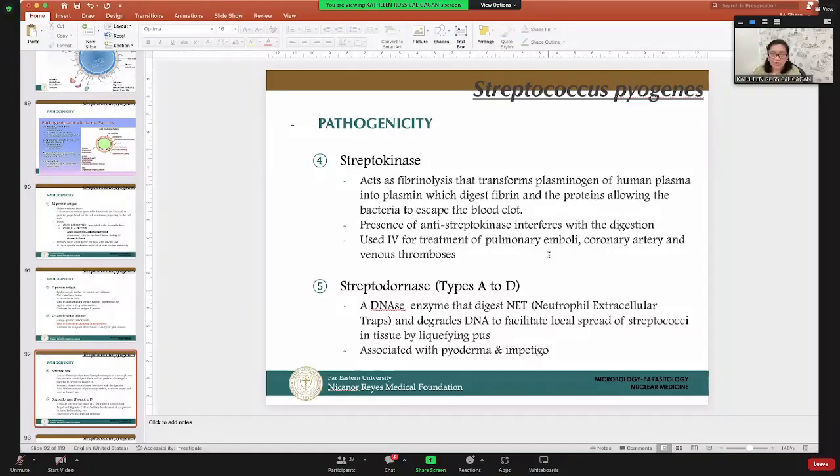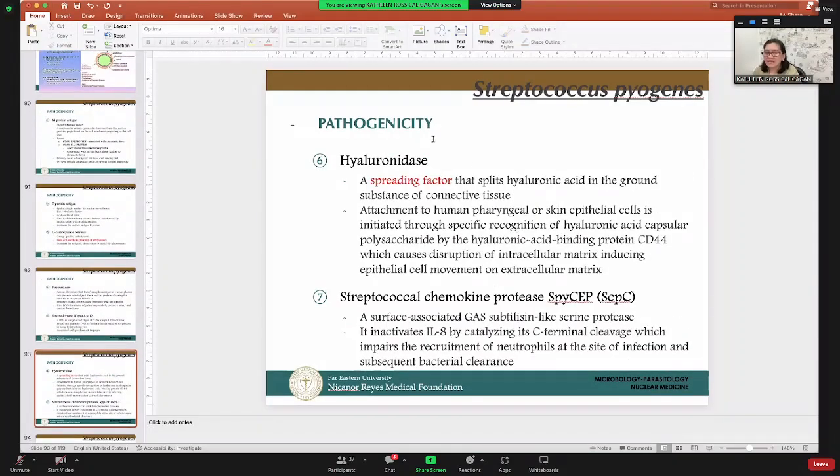Streptodornase type A to D is a DNase enzyme that digests neutrophil extracellular traps and degrades DNA to facilitate local spread of streptococci in tissue by liquefying pus. It's associated with pyoderma in impetigo.